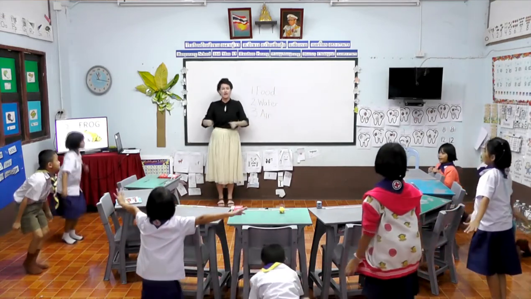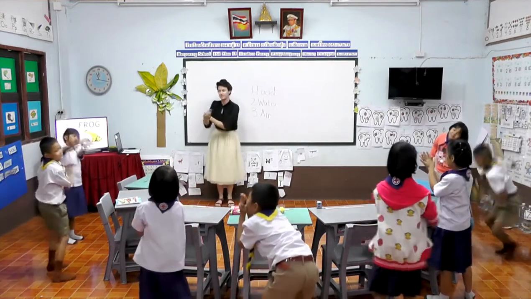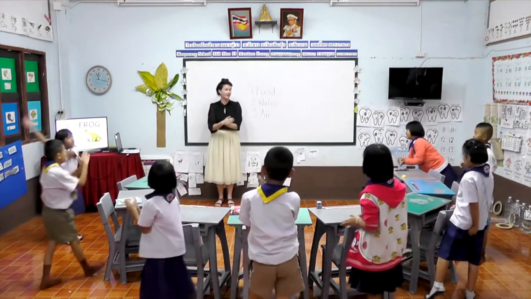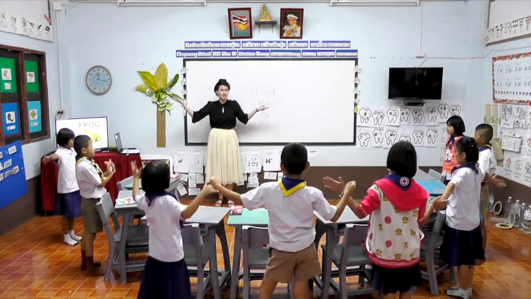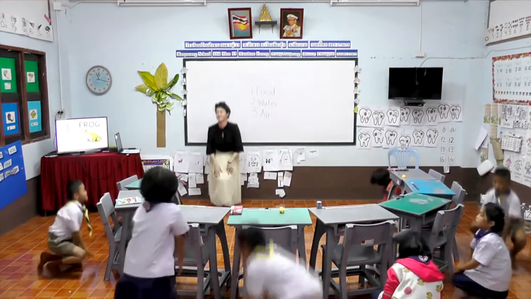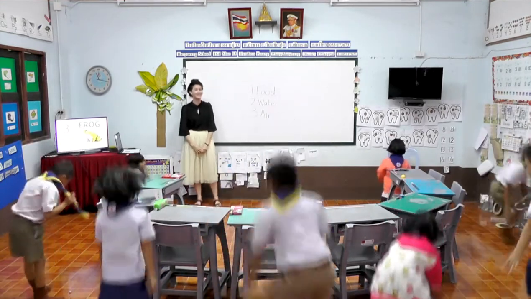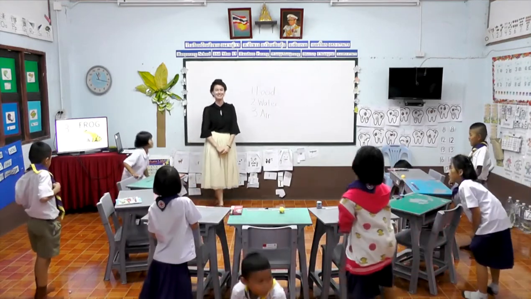Now you're a tadpole, swimming around. Okay. Now you've gotten bigger. You've grown. What are you now? You're a frog. Hop around like a frog. Good job. You're a small frog.